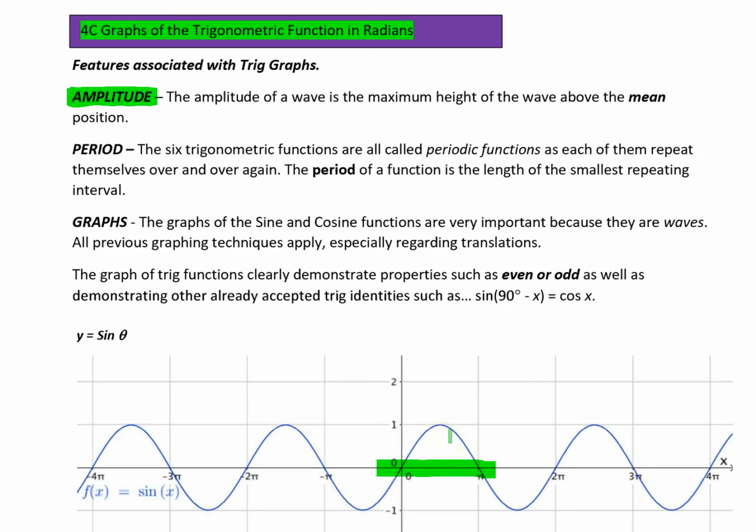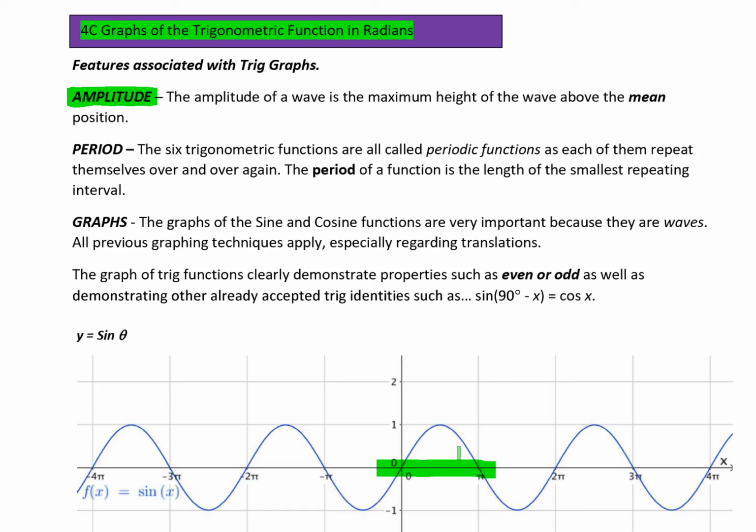And so the amplitude for this particular graph is the distance that the graph goes above or below the actual middle position. Now, I know that below it's called -1, but we don't label the amplitude as a positive or a negative. We don't measure it as a negative. We just say it has an amplitude of 1 unit in this case.